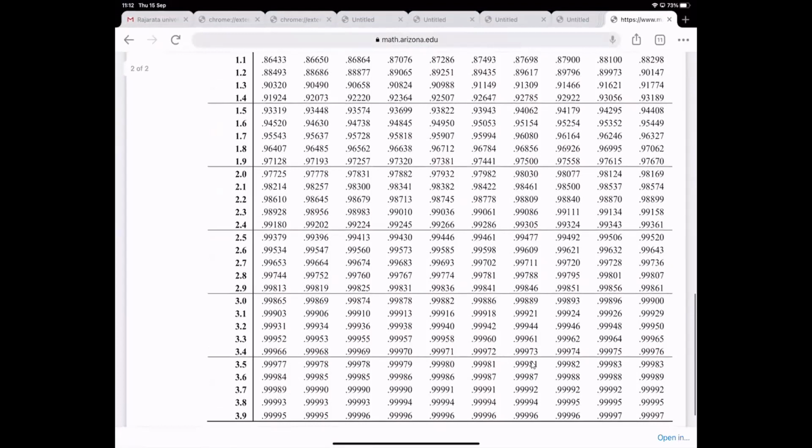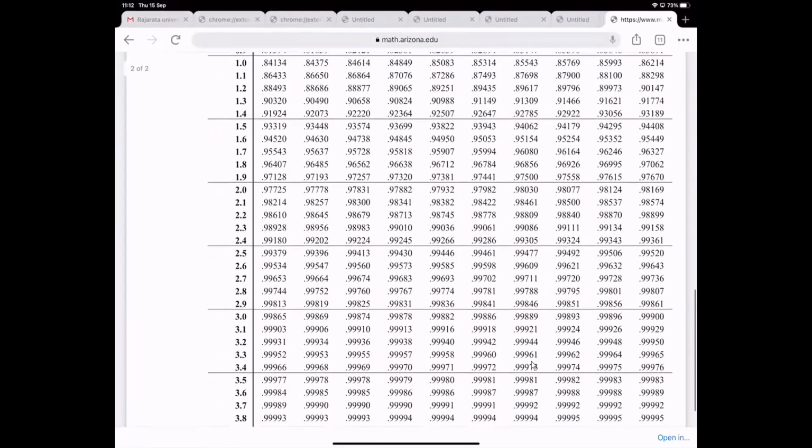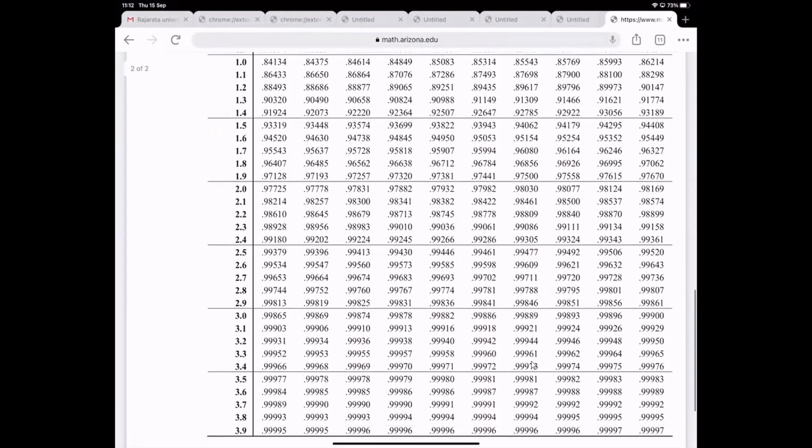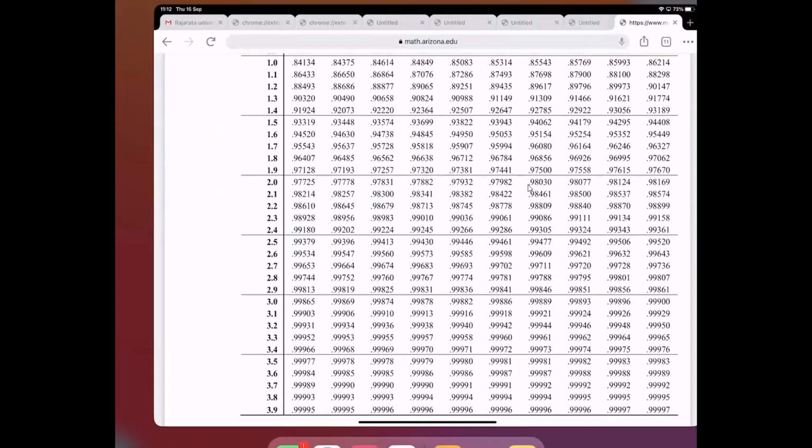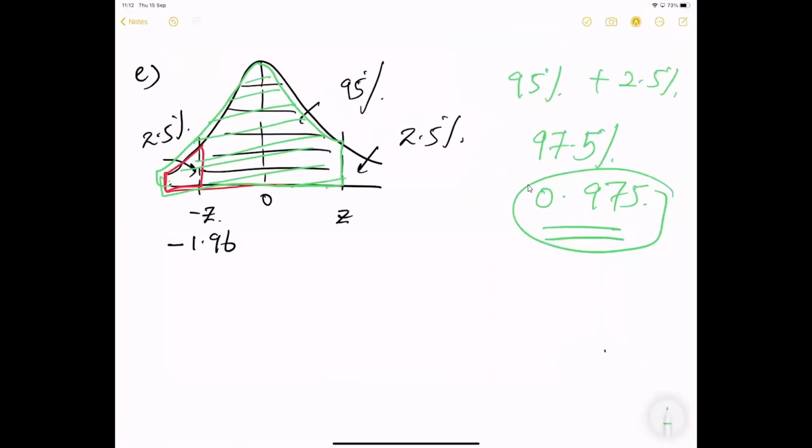You can see here 0.975 is 1.96, a positive value.